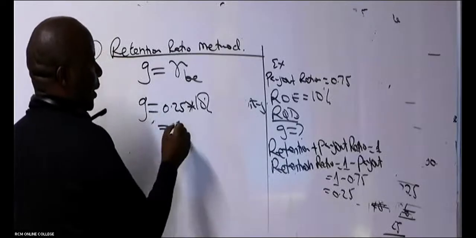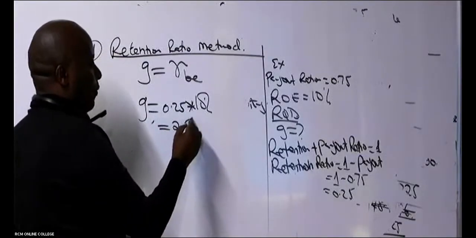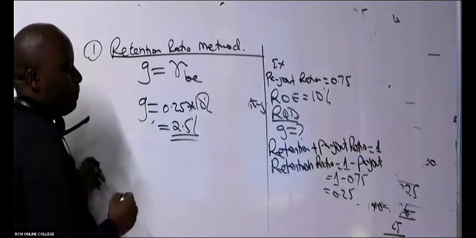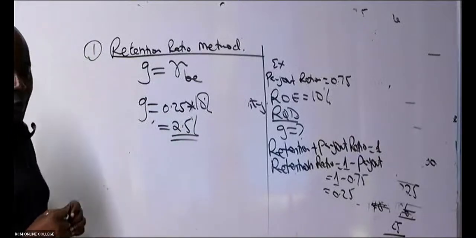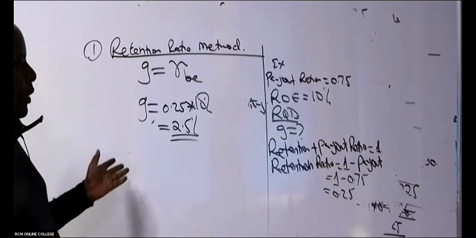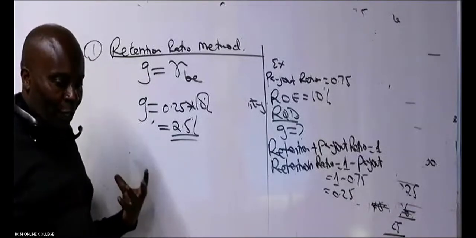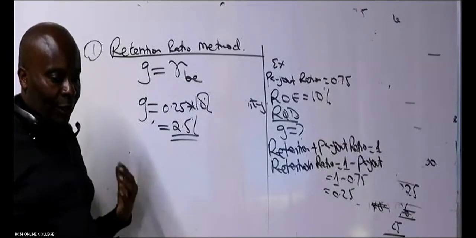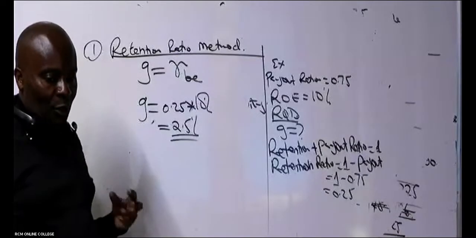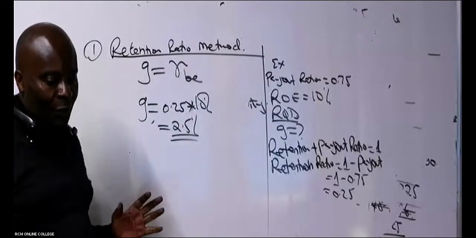Can somebody confirm that this ends up giving us 2.5%? You can say 0.25 times 0.1, whatever answer you get times 100, it ends up giving us 2.5%. Is that okay, ladies and gentlemen?